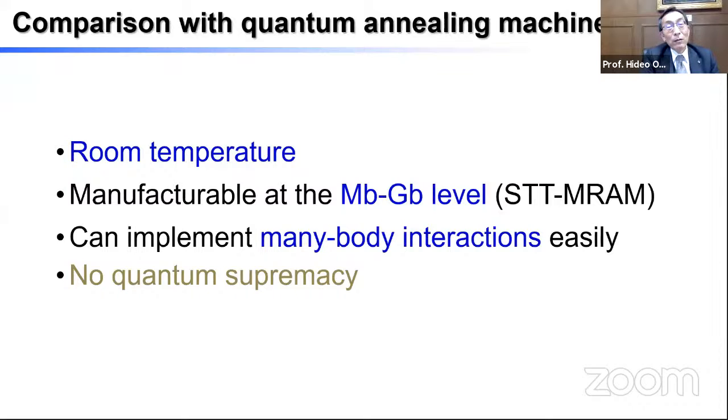We do not have quantum supremacy because these devices are classical. So people always argue that it doesn't have a future. But remember that we have gigabit level integration technology already in our hands, and we do not know at the moment what sort of solutions and optimization we can do with it.